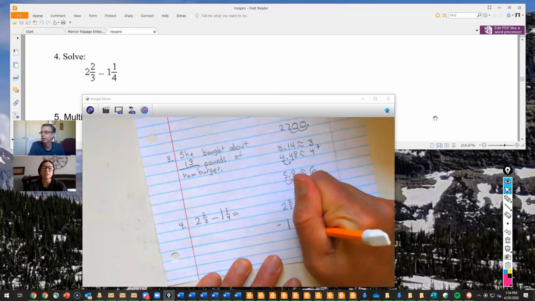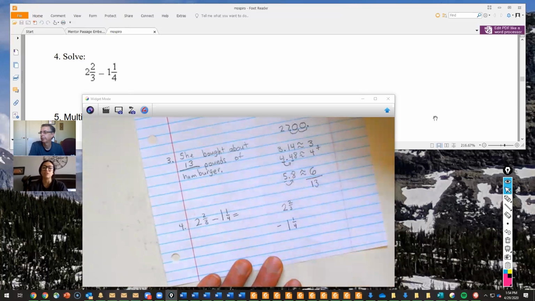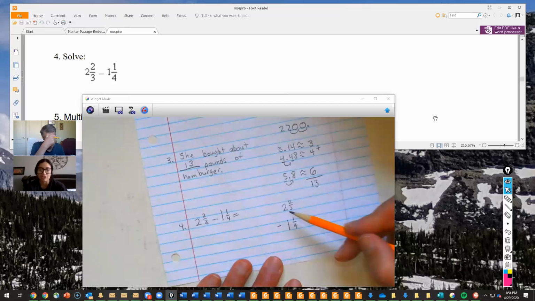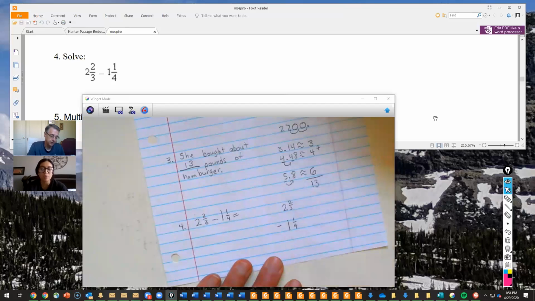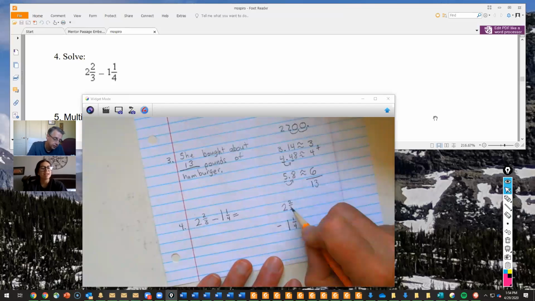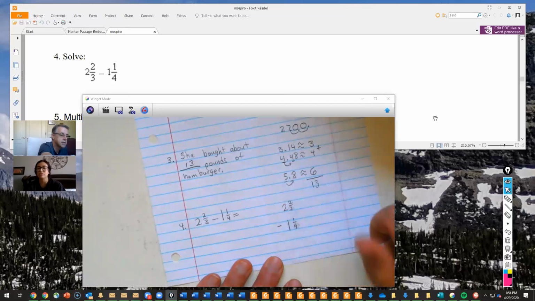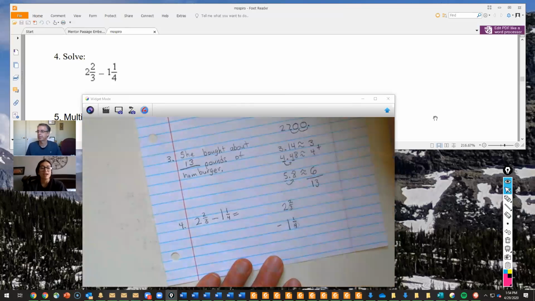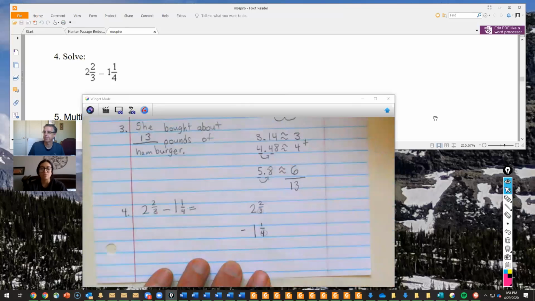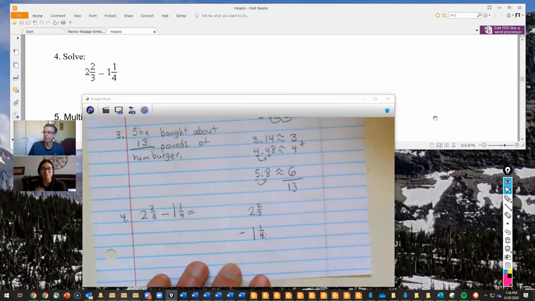He has his whole numbers perfectly lined up and he has his fractions lined up. So the second thing we want to do is make sure that we have the same denominator. But I'm looking at it and one of them is 3 and the other is 4. So we have a bit of an issue. So we want to turn those into fractions that have the same denominator.